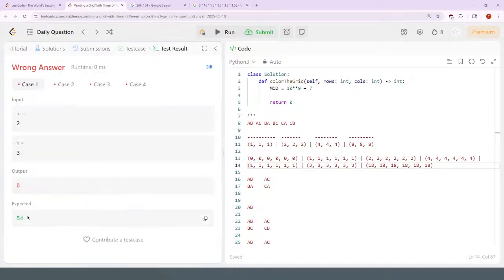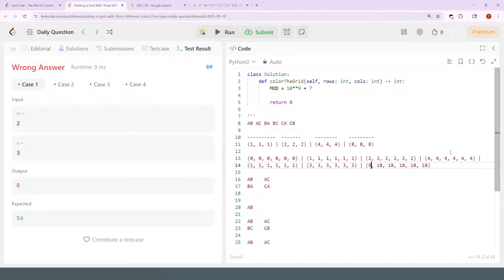Should be like 54, yeah. So technically this should be 9. So how did I mess this up?